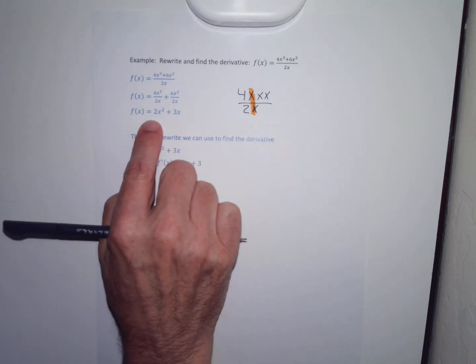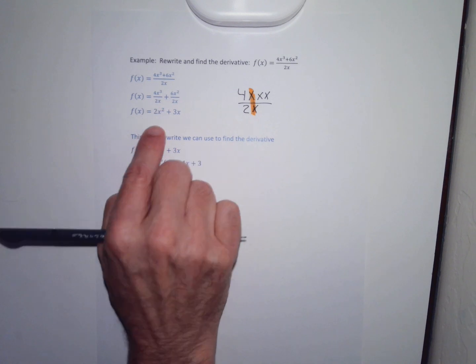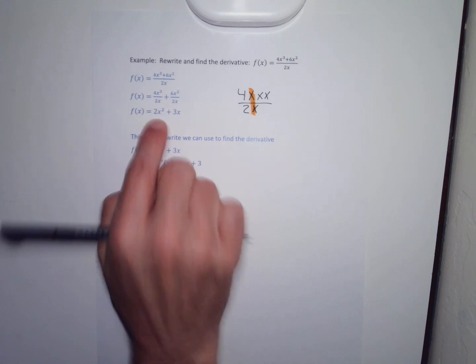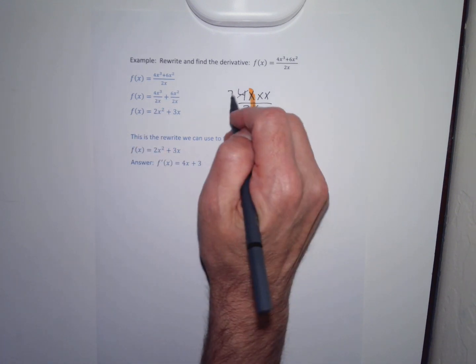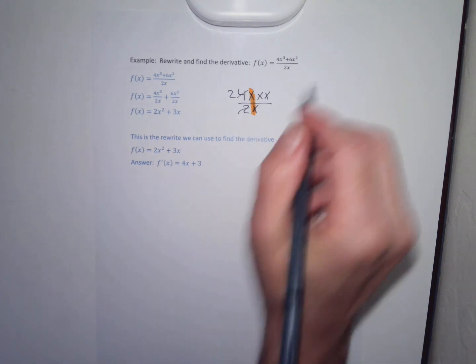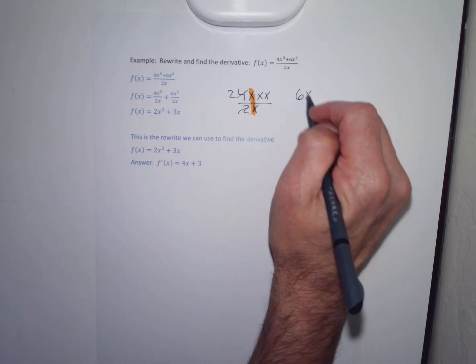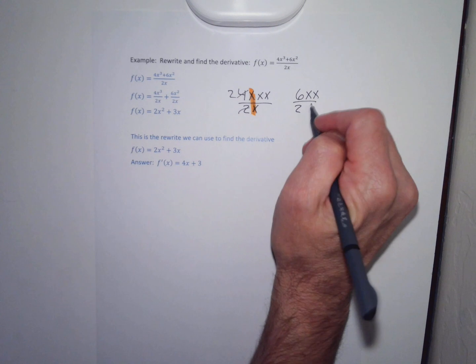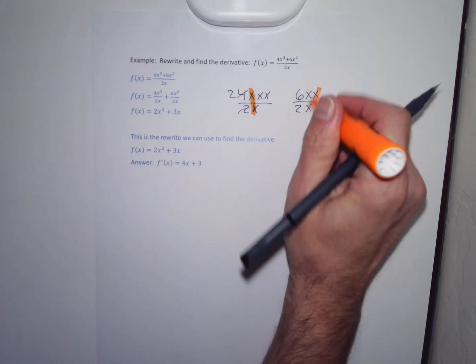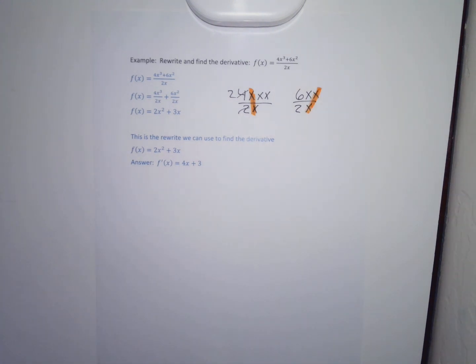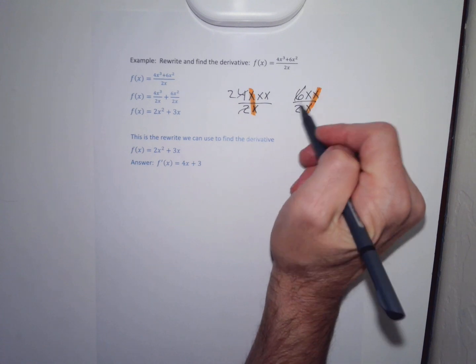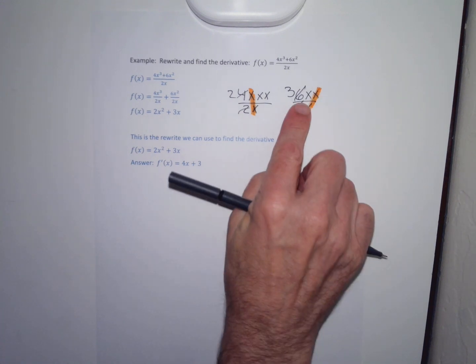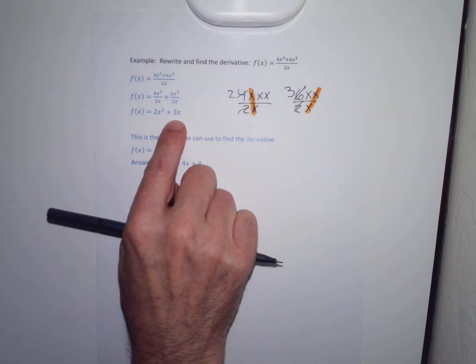So this first fraction, 4x cubed over 2x, reduces to 2x squared. The second fraction, 6x squared over 2x, I can cancel one of the x's from the x squared with the x in the denominator. The 6 over 2 reduces to 3. The second fraction is going to reduce to 3x.